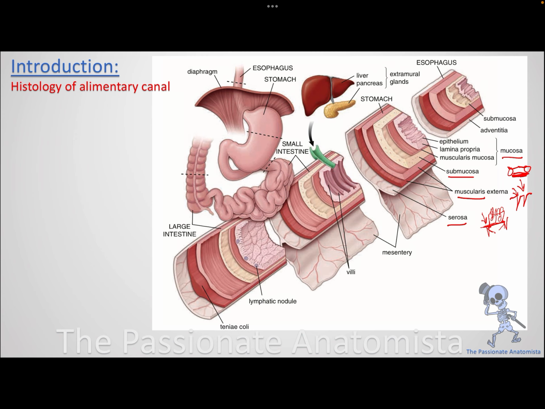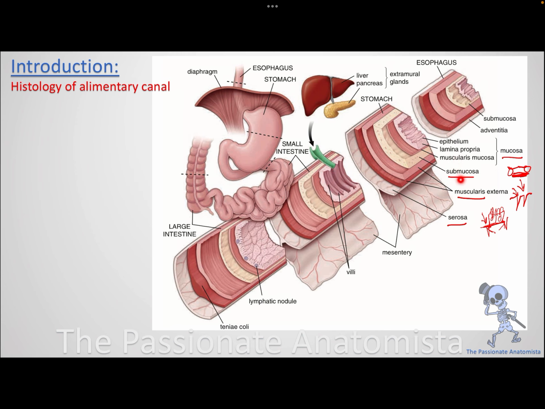So this is why it's important to have the muscularis mucosa, and if there are secretory cells, it also helps to empty the secretion of these cells into the lumen.